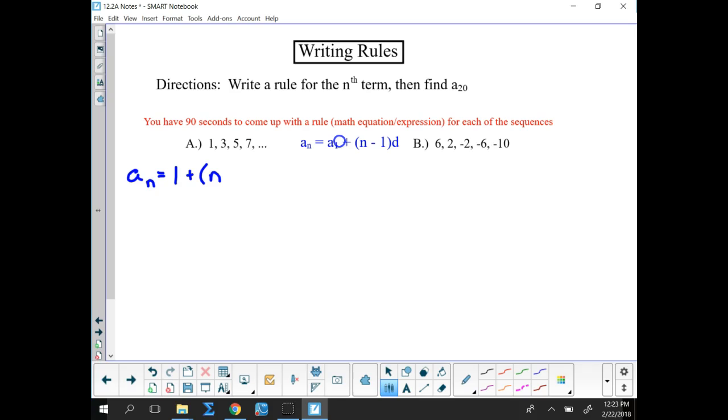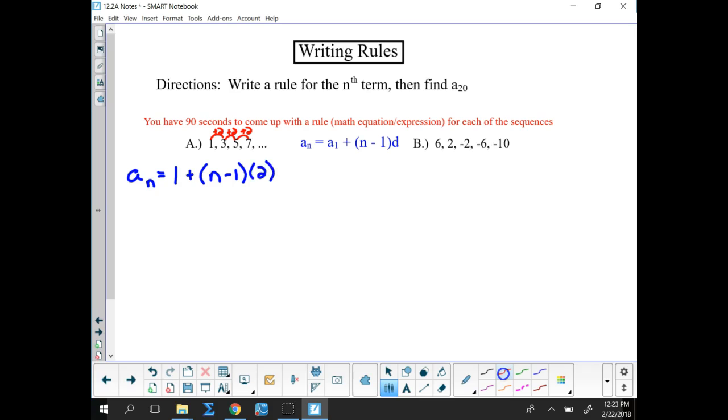I don't know what n is because I want to find it for any term, so n is going to stay n, minus 1 times d. What is my common difference? 2. I'm adding 2 every time. So plus 2, plus 2, plus 2. My common difference here is going to be 2.